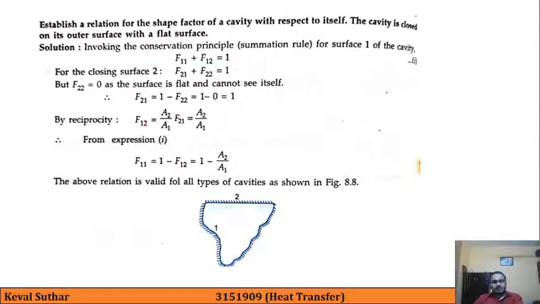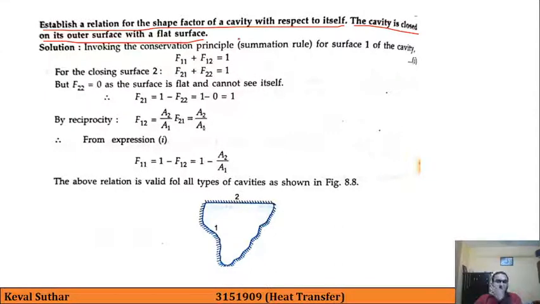Now our next problem is to establish a relation for the shape factor of a cavity with respect to itself. The cavity is closed on its outer surface with a flat surface.